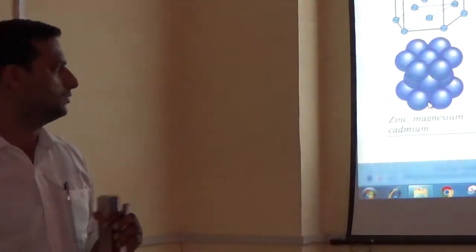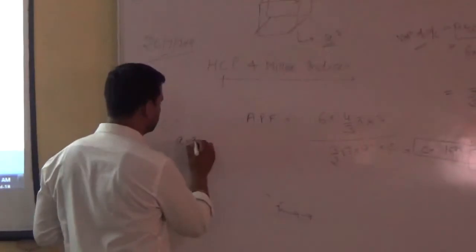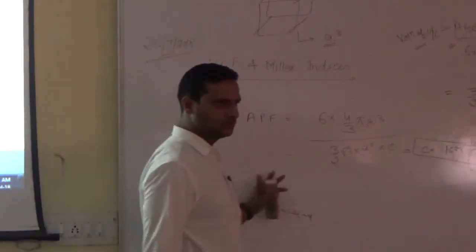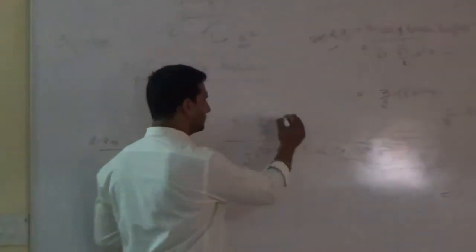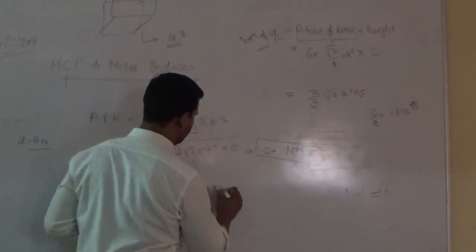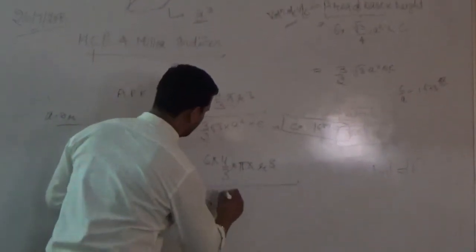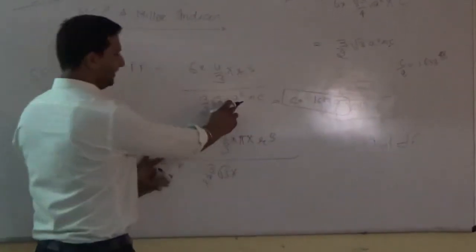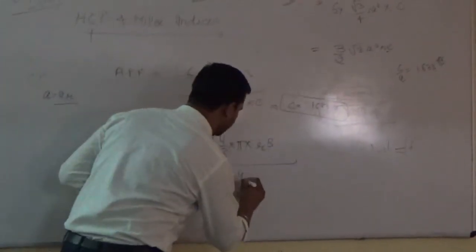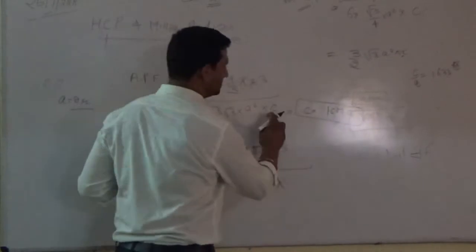So can we say that A is equal to 2R? Yes or no? So simply put, A is equal to 2R here, into 5 into R cube divided by 3, by 2 root 3, multiplied by A is equal to 2R.